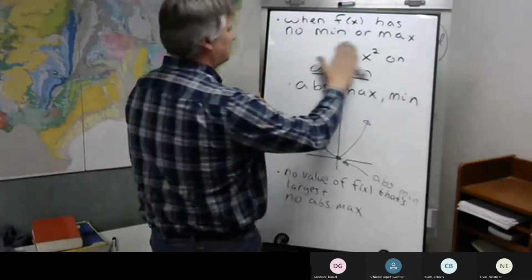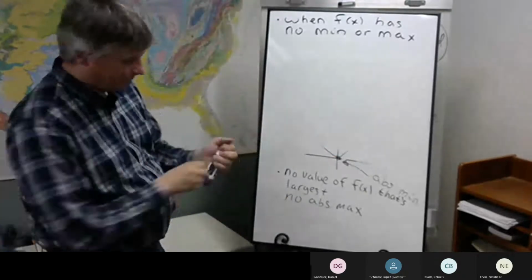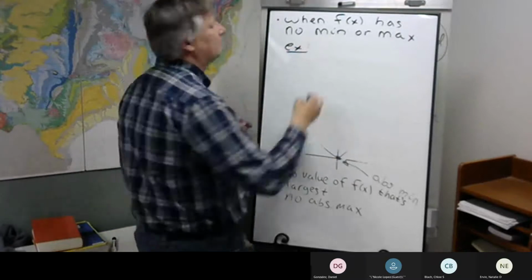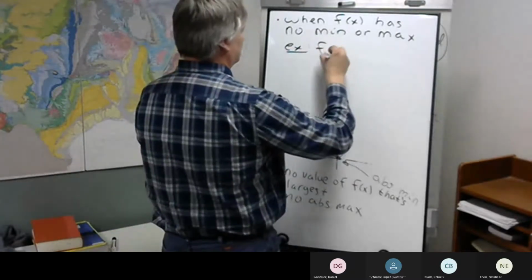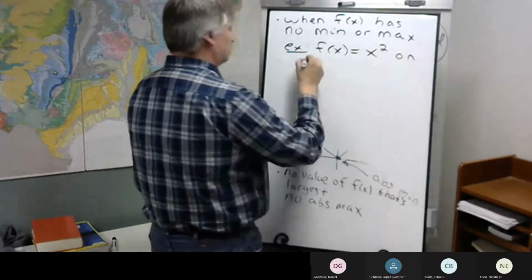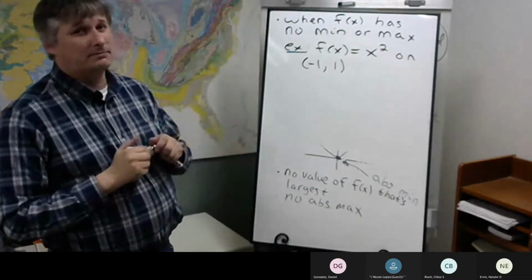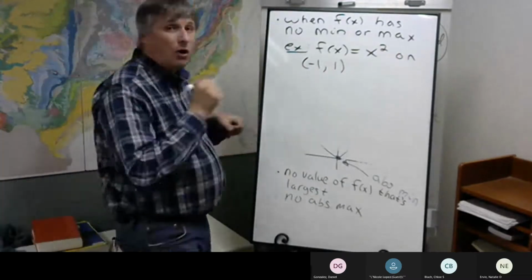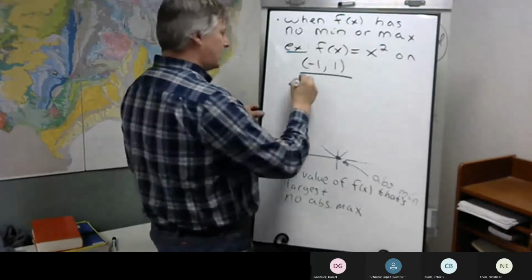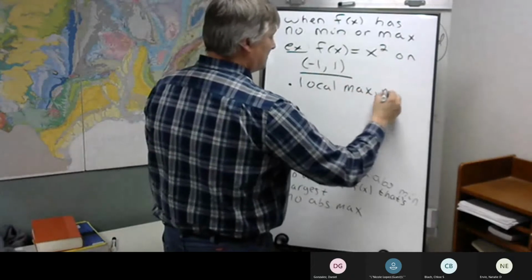Now another one is this. Look at x squared on negative 1 and 1. Now, this is an open interval. So that means we're talking about a local max and min.